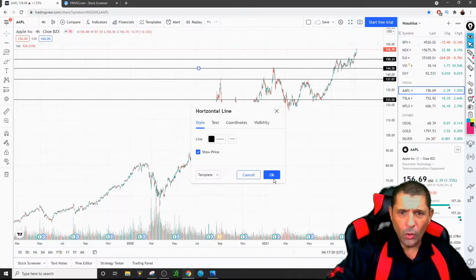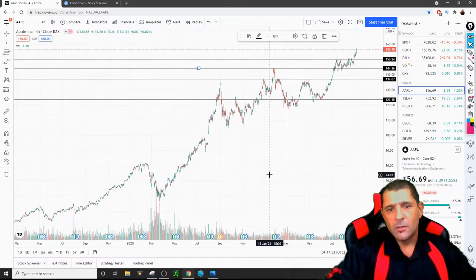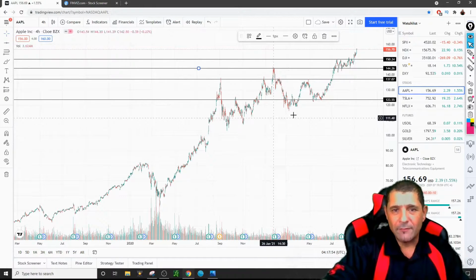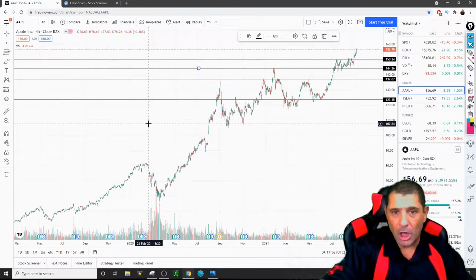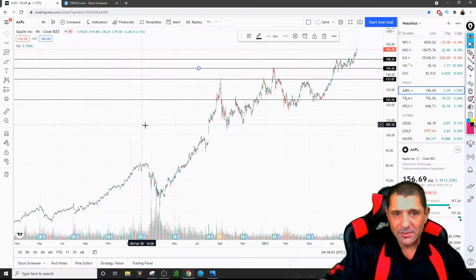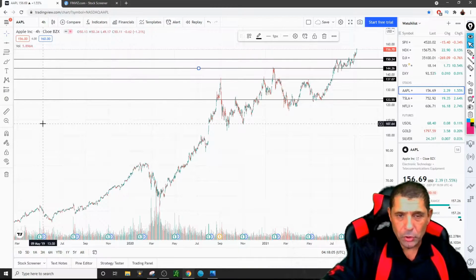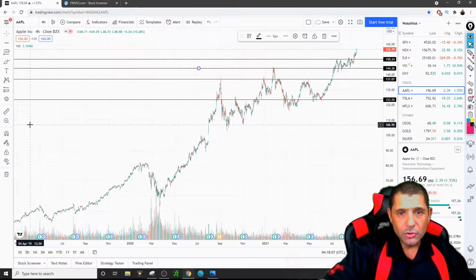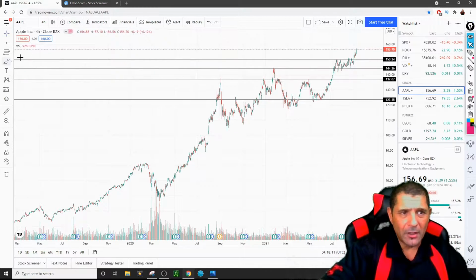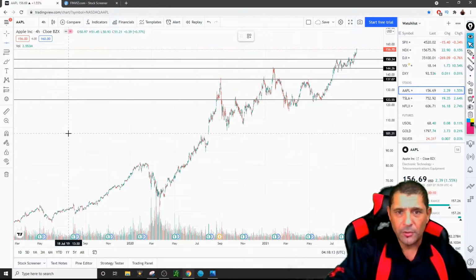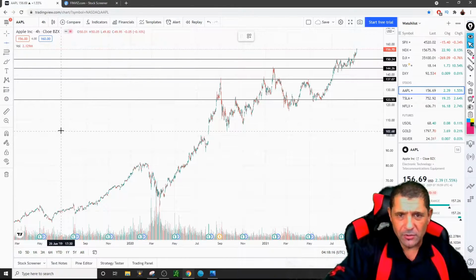So those are all the support and resistance levels on the chart of Apple right now. In any chart you're going to find a lot of dips right here, right here, right here, and you're going to draw a line. Those places will tell you where the market will bounce again in the future. That's a very important thing to do.